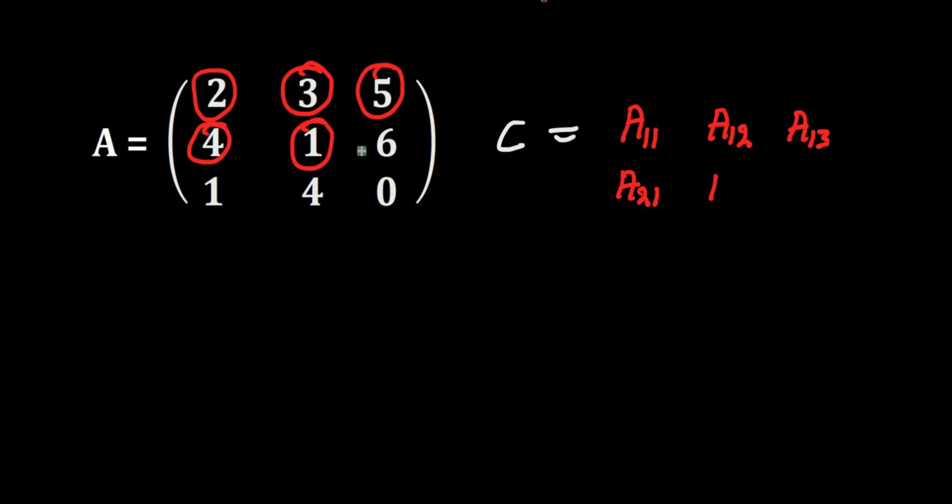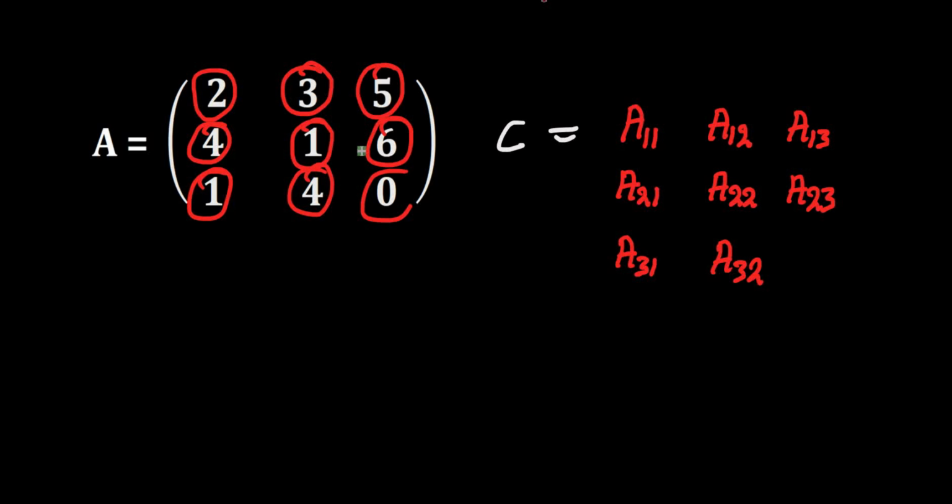1, A row 2, element 2, 6, A row 2, element 3, 1, A row 3, element 1, 4, A row 3, element 2, and then 0, A row 3, element 3.